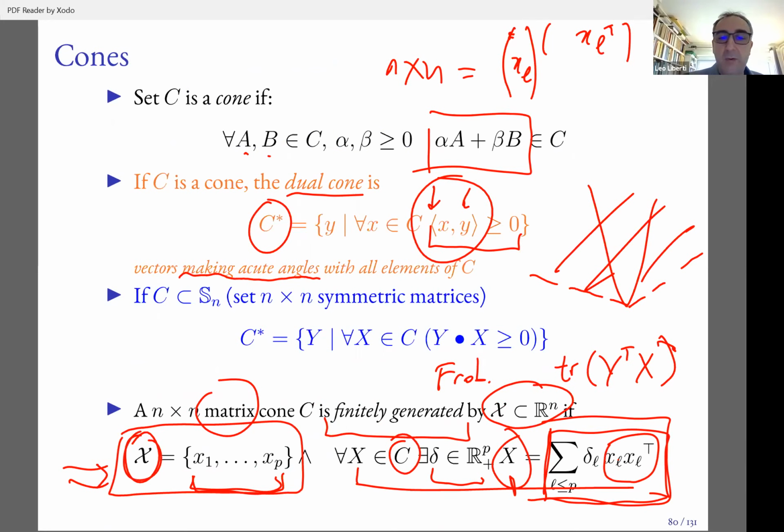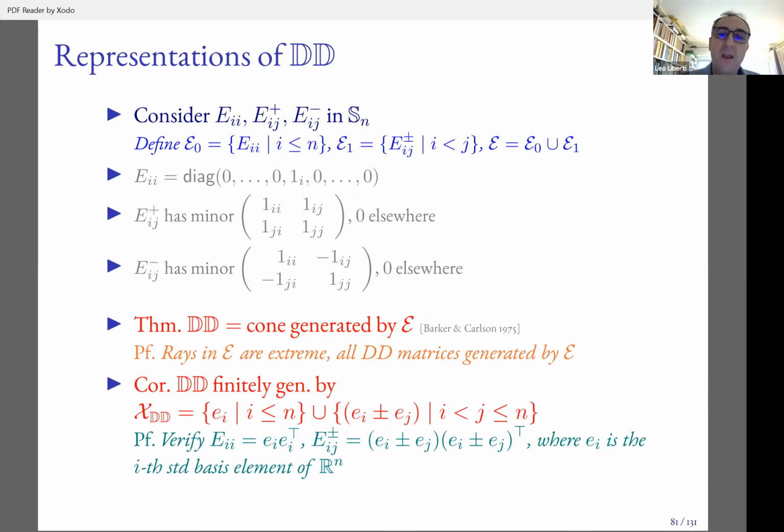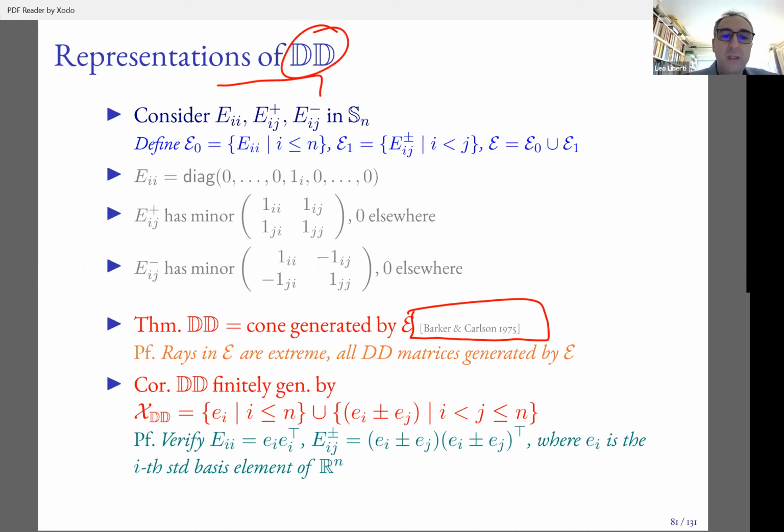Because if we have the extreme rays of a cone, every element in the cone can be a non-negative linear combination of those. It remains to be seen whether the extreme rays are rank 1 matrices, but we'll see that they are. In fact, it was shown by Barker and Carlson in 1975 that these matrices were the extreme rays of the DD matrices.